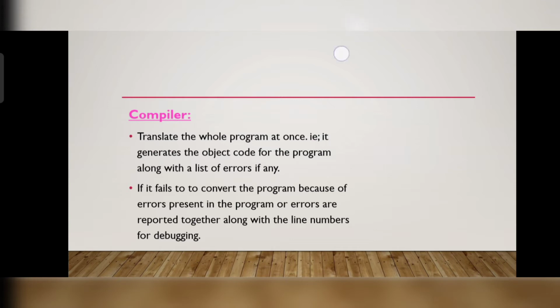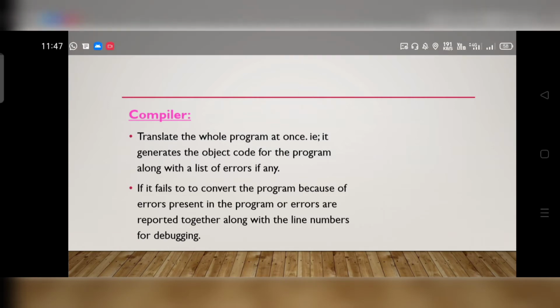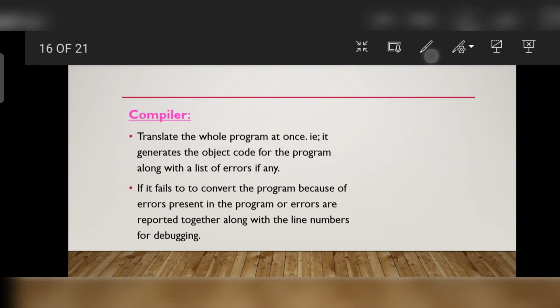That is, if we are considering a program for adding two numbers, okay, if you are entering the first line of instruction, then it will not be translated or executed. Then we will enter the second line, no change, it will not translate or execute.